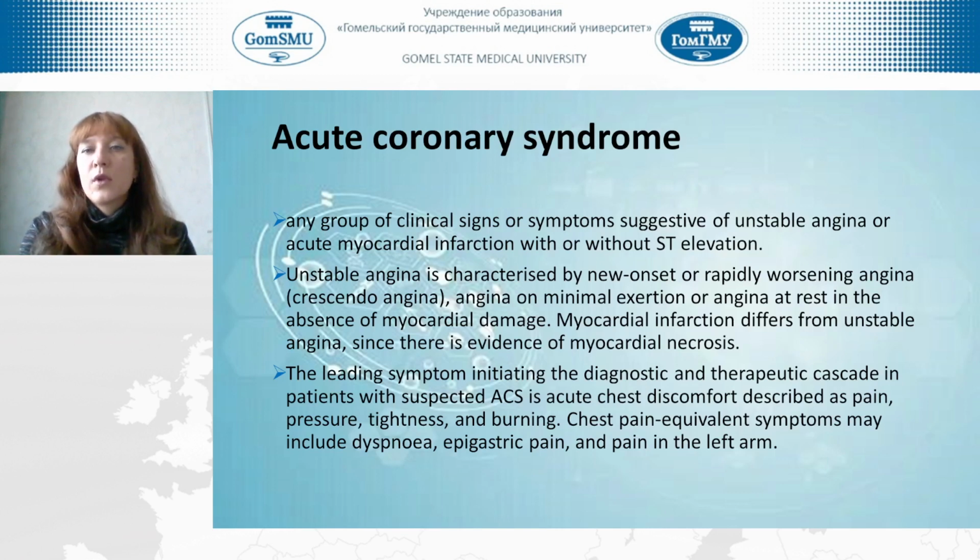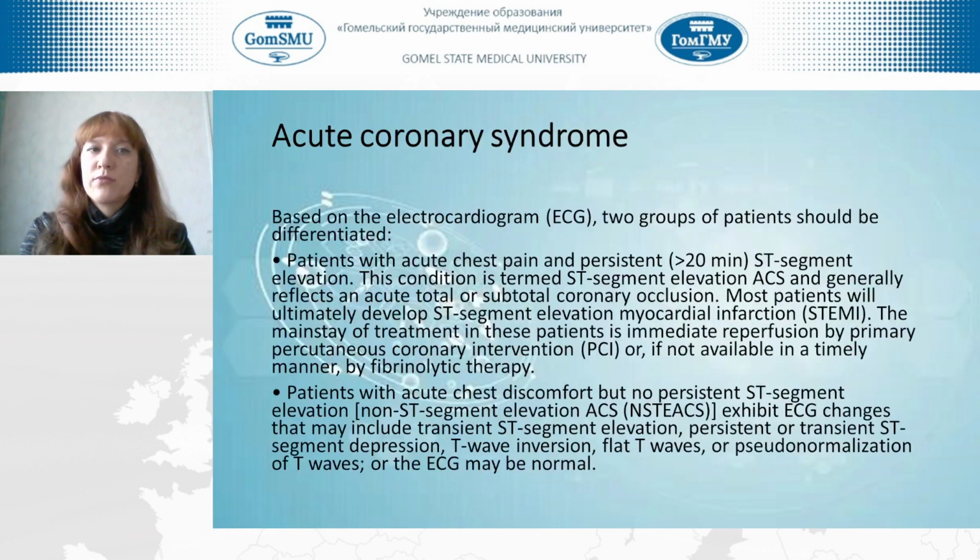Myocardial infarction differs from unstable angina, since there is evidence of myocardial necrosis. The leading symptom initiating the diagnostic and therapeutic cascade in patients with suspected acute coronary syndrome is acute chest discomfort described as pain, pressure, tightness, or burning. Chest pain with other symptoms may include dyspnea, gastric pain, and pain in the left arm.